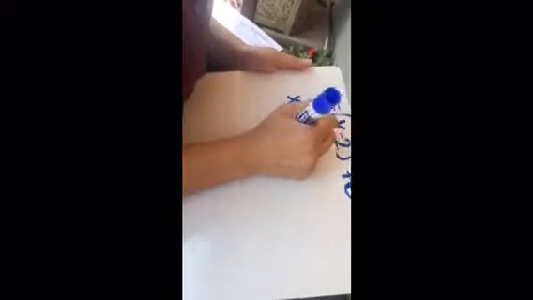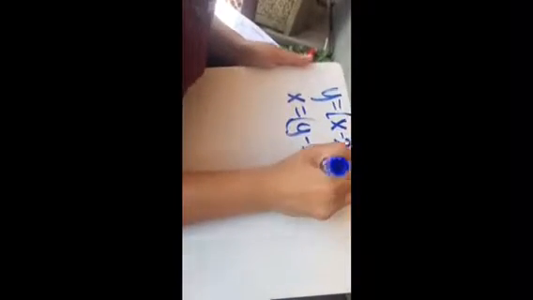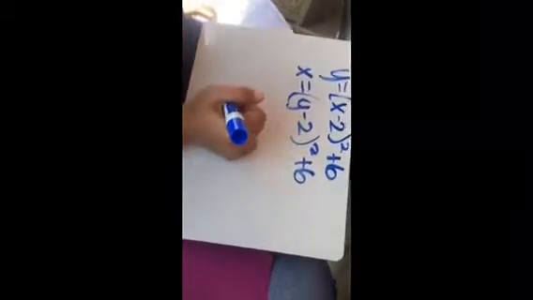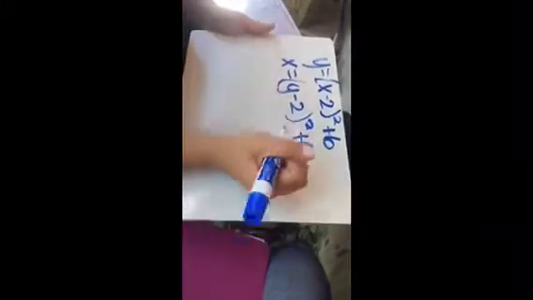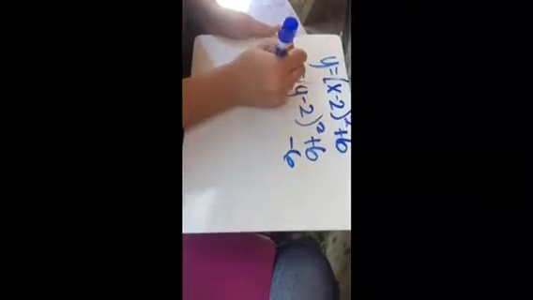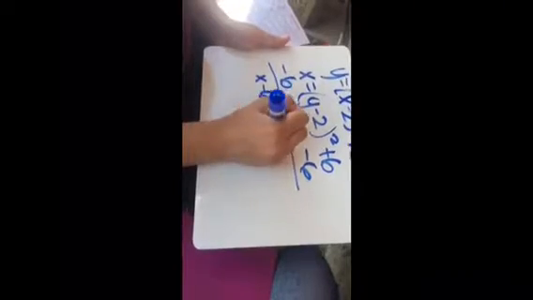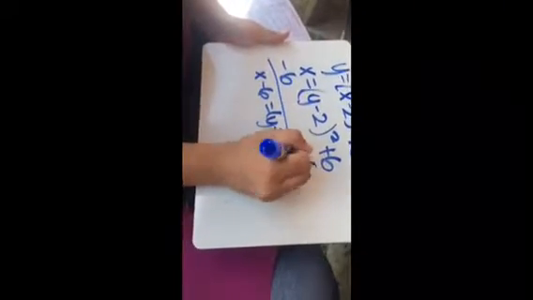Okay, so now we're going to find our inverse algebraically starting from the vertex form. So first what we're going to do is switch our y and x. So it's going to be x equals y minus 2 squared plus 6. And then we are going to subtract 6 from each side. So it's going to be x minus 6 equals y minus 2 squared.